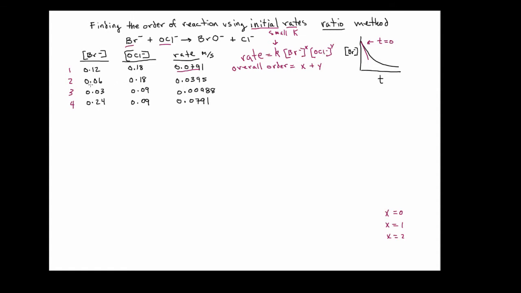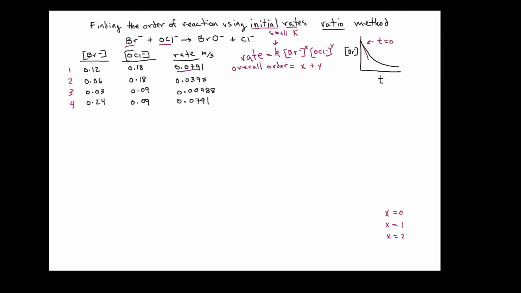So what we're going to do is use the ratio method. We're going to take the ratio of one column of data to the other column of data, and we want to choose this ratio so that one of the data sets cancels out, and we're able to use simple arithmetic to find the order of the other reactants.